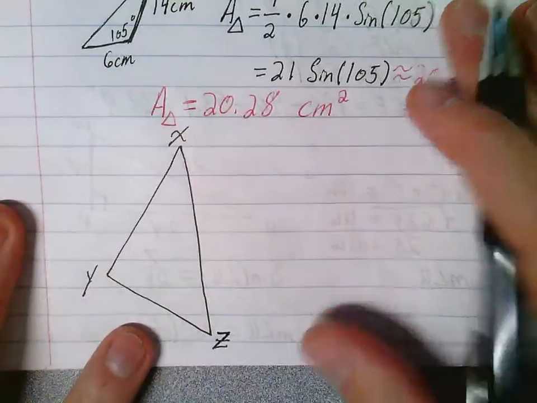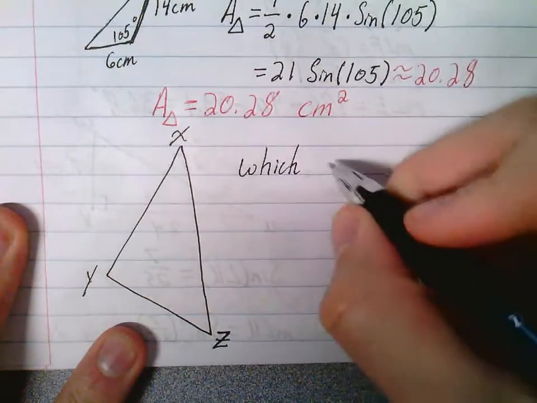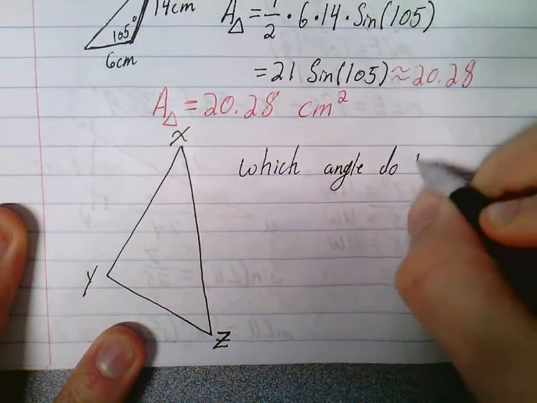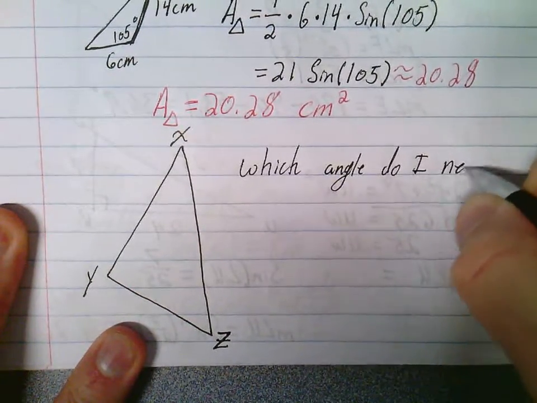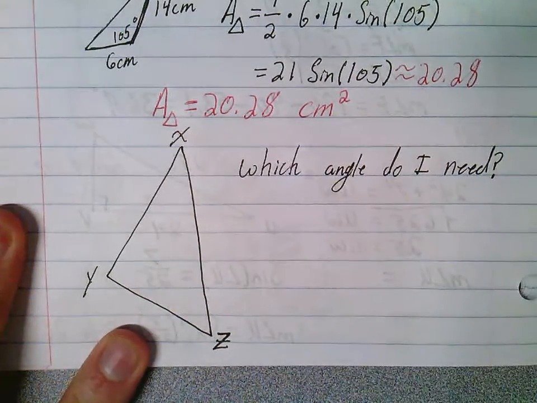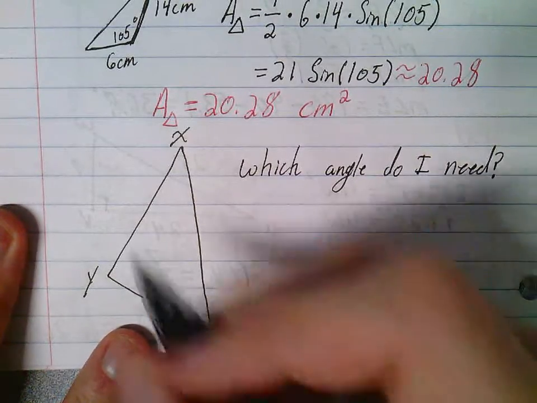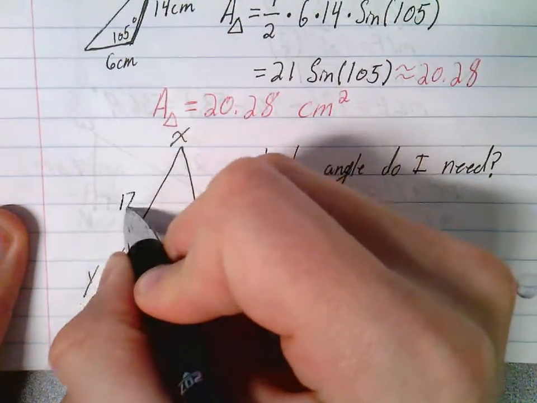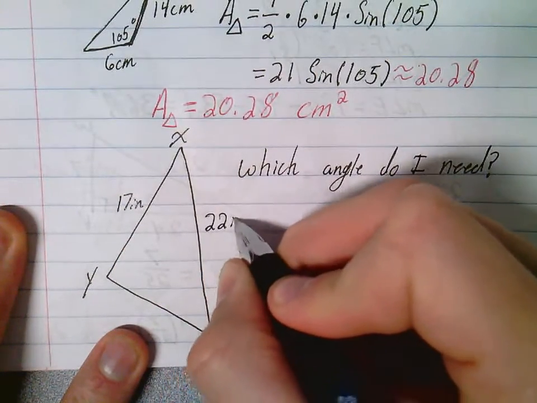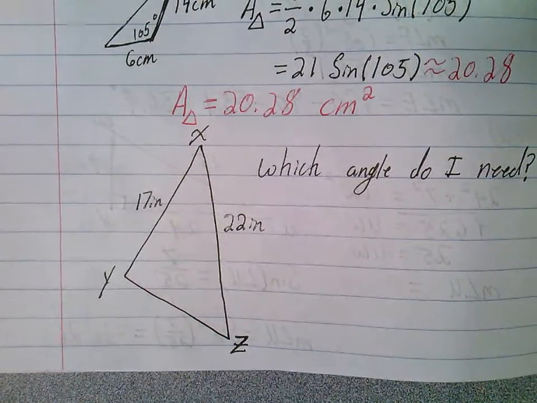Which angle do I need? If I tell you that this is 17 inches and this is 22 inches, which angle do we need? X, Y, or Z?